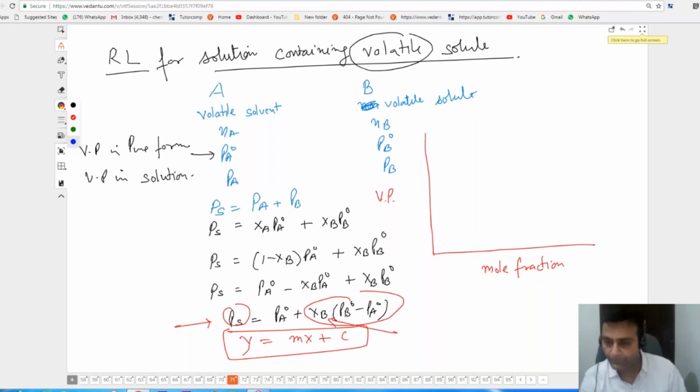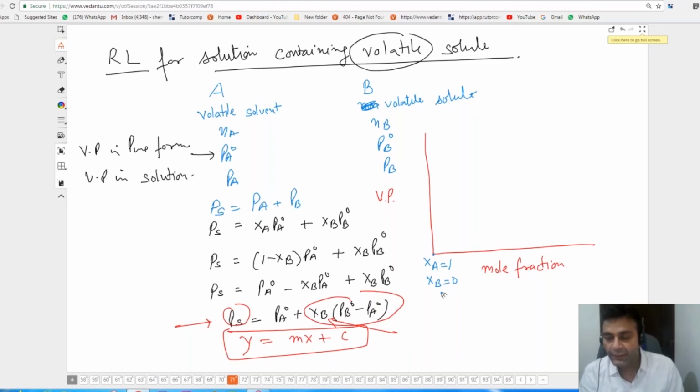And I say, suppose mole fraction of A is equal to 1 and B is equal to 0. Can I say at this point, yes or no? So if mole fraction of B is equal to 0, we can solve it for n number of solute particles.